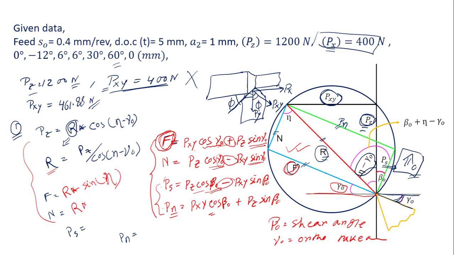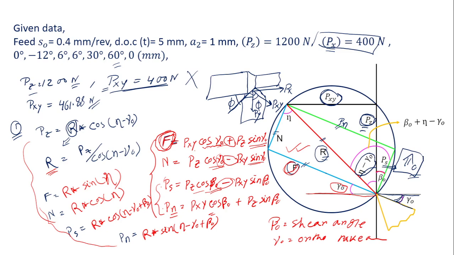Then N is equal to R cos of eta, then Ps is equal to R cos of eta minus gamma naught plus beta naught. Similarly Pn I can write R into sine of eta minus gamma naught plus beta naught. So either you can go with this direct equation, or you can find the R value, then go like this. Okay, these two approaches you have.